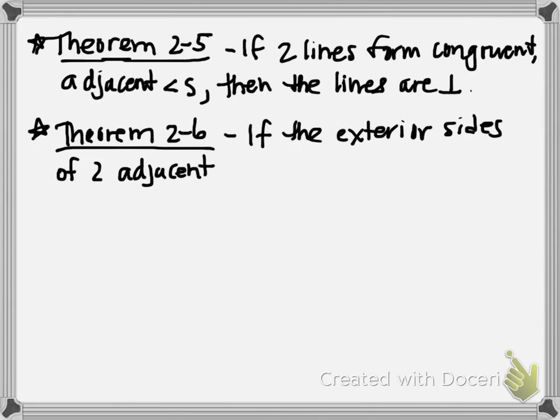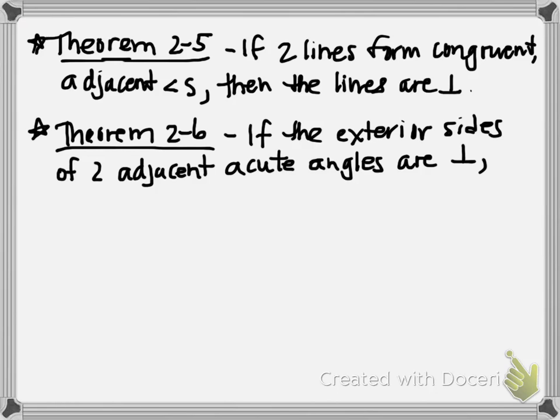Adjacent means they share a side and a common vertex. Acute means they're both less than 90 degrees. If the exterior sides of two adjacent angles are perpendicular, visualize that in your head: the two outer sides of both our angles are perpendicular. That means they form a right angle.